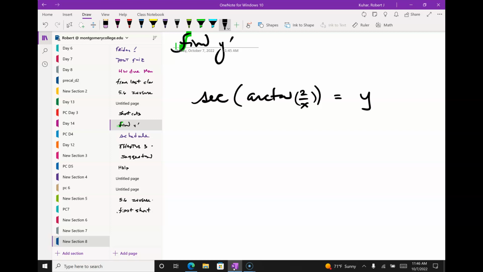Well, you see a trig, yes? So I'm saying if you see a trig, you should see a triangle, but I want you to be careful in this situation. I have to notice that I have theta equal to the arctan of 2 over x. And that's where I want to get my trig from.